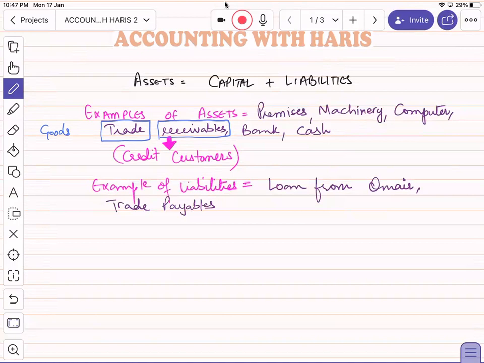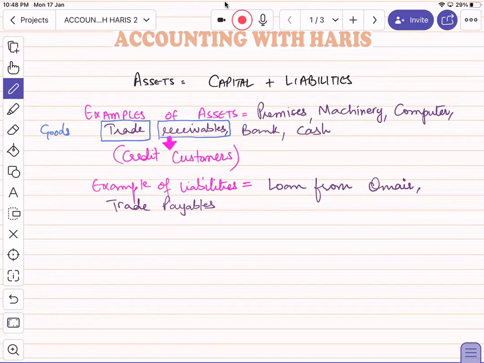Let's say Mr. X bought goods from business Y. Mr. X would be a trade receivable for business Y if he buys goods on credit from Y, or Y sells goods on credit to X. If any business sells goods on credit to its customer, the customer promises to pay the amount in future. That is why this is referred to as trade receivable.